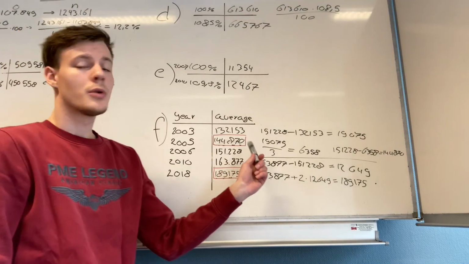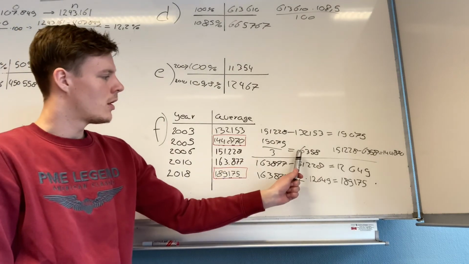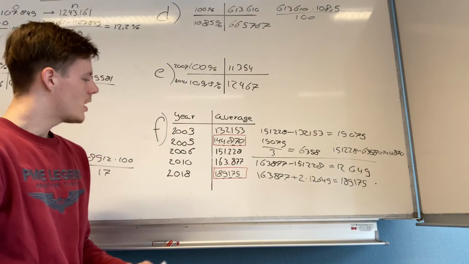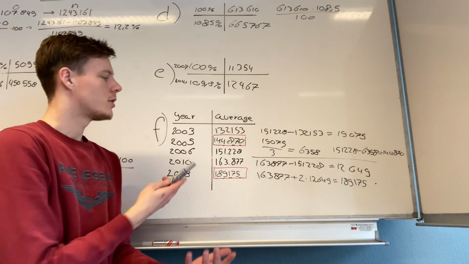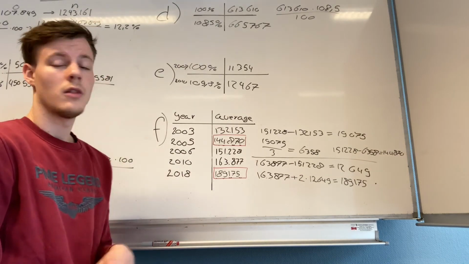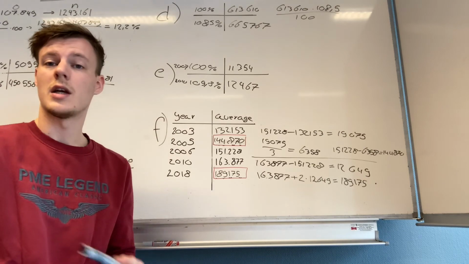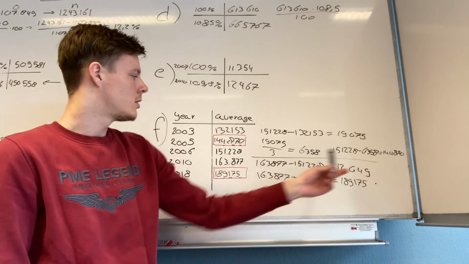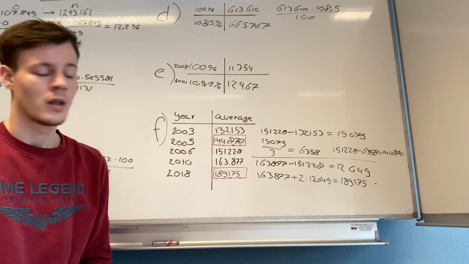So the increase per year is that number divided by 3, which is 6,358. So now if you want to calculate the average of 2005, you can take the number of 2006 and subtract 1 time this number, which gives the following number here.